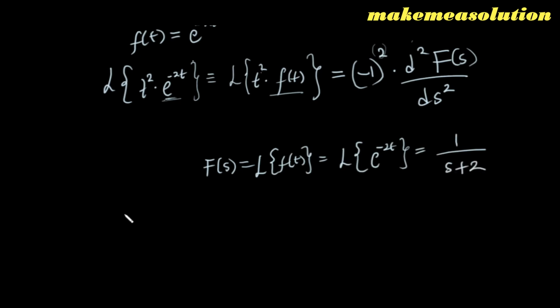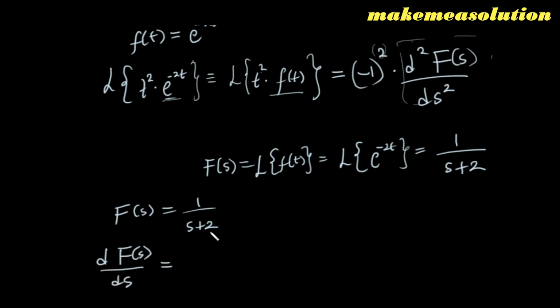So in other words, I want to find the second derivative of my F of s, which is 1 over s plus 2. I'll find the second derivative and I'll multiply it by minus 1 raised to the power of 2 to now get my final answer. First of all, let's start with the first derivative of F of s.